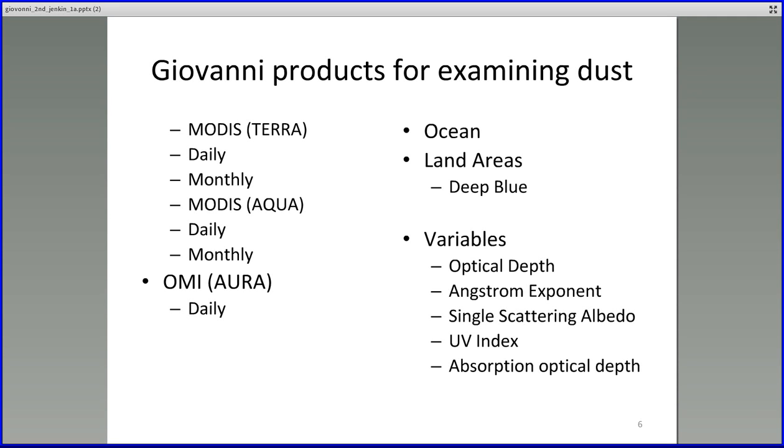The products are also available for both land and ocean, and for land, Deep Blue is a very useful product. The variables that are important include aerosol optical depth, the Angstrom exponent, the single scattering albedo, the UV index, which is associated with the OMI product, and the aerosol absorption optical depth. That's also a very important product.